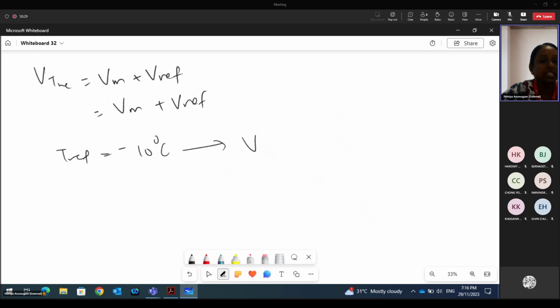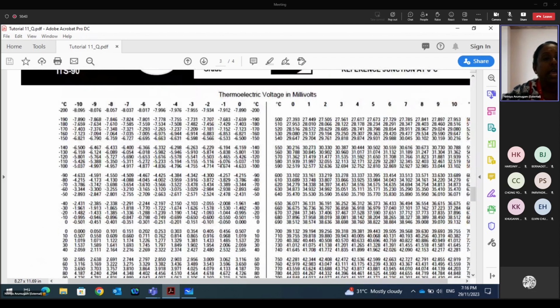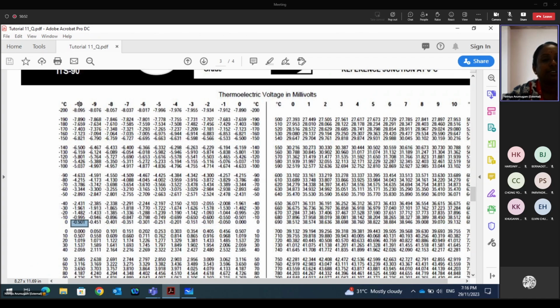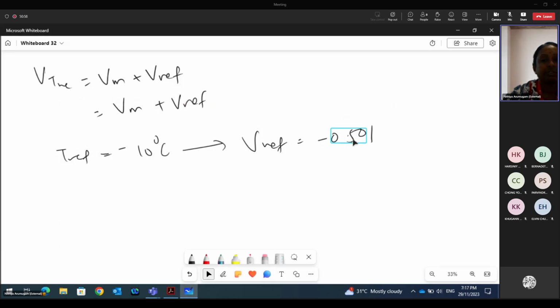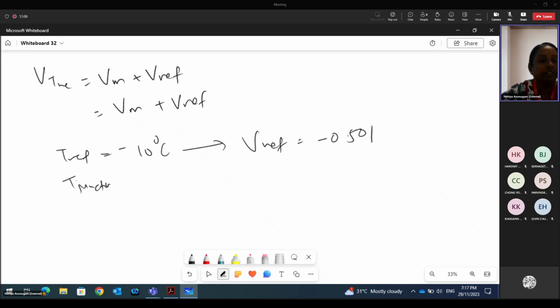At negative 10 degrees Celsius on the J-type thermocouple table, the value is negative 501, so the V reference will be negative 0.501. The T junction here is given as 500 degrees Celsius.